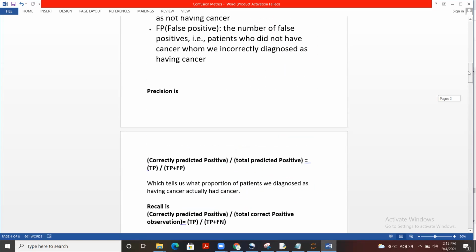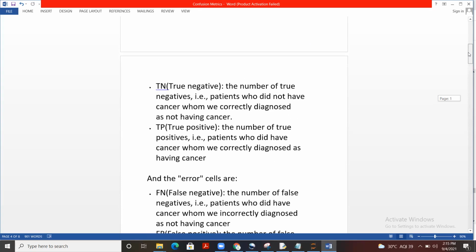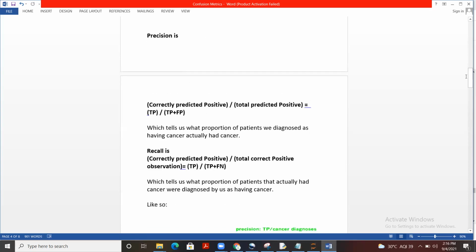And from this example as well, you can see, while we were understanding TP, FP, TN, and FN, in that case, precision is the correctly predicted positives over the total predicted positives. Precision, in terms of definition, tells us what proportion of patients we diagnosed as having cancer actually had cancer.